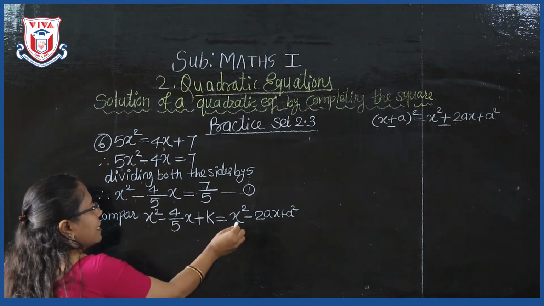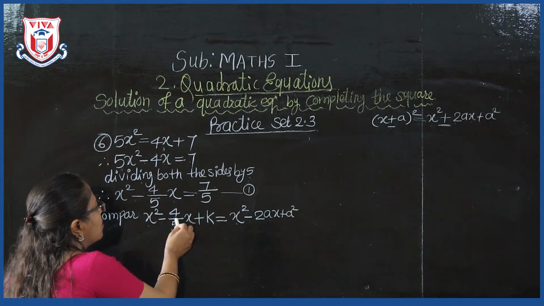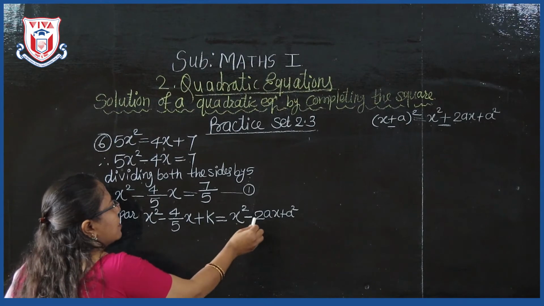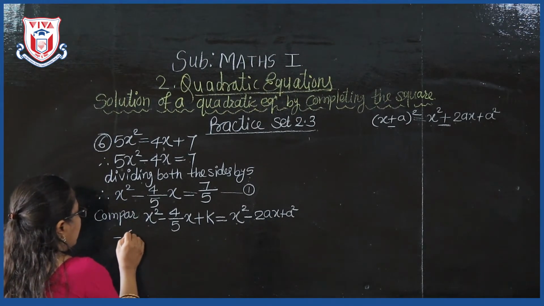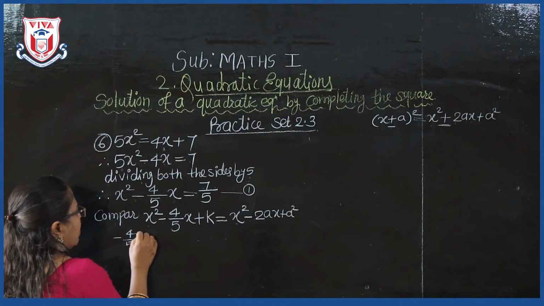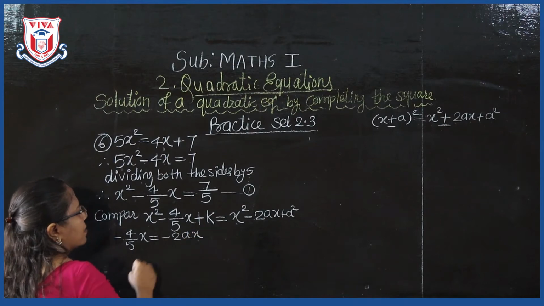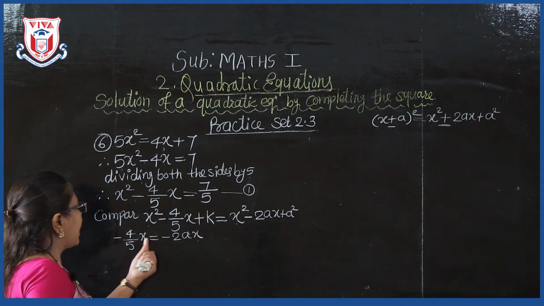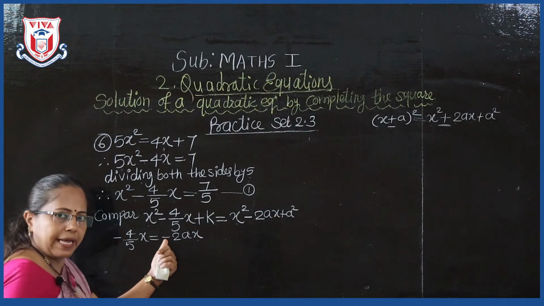Now the first term is as it is, x square. Second term minus 4 upon 5x is equal to minus 2ax. Now from both the sides x gets cancelled, minus sign is also cancelled.